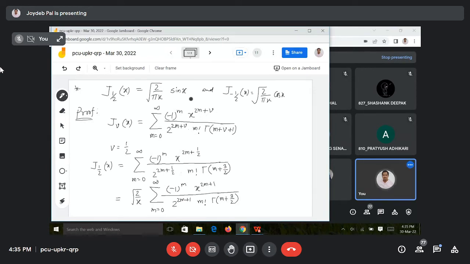What is the trick? You apply some property on that first one, so that you will get this. So if they ask for the second proof instead of the first, what you will do is prove J half is equal to this, and then apply those Bessel's properties to get the required one.